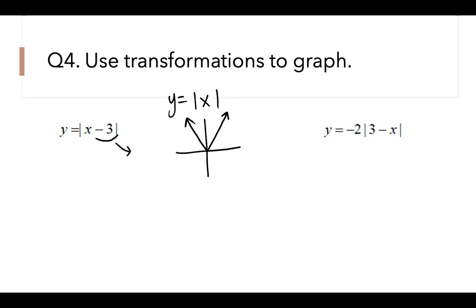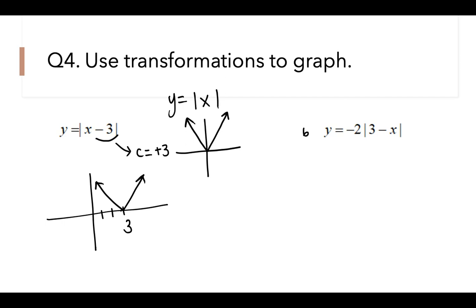So if I were to flip it, this C is going to be positive 3. So therefore, if it's positive 3, we're going to move to the right by 3. So 1, 2, 3. At 3, the graph is going to look like this. Exactly the same shape as absolute value of x. It's shifted to the right 3.